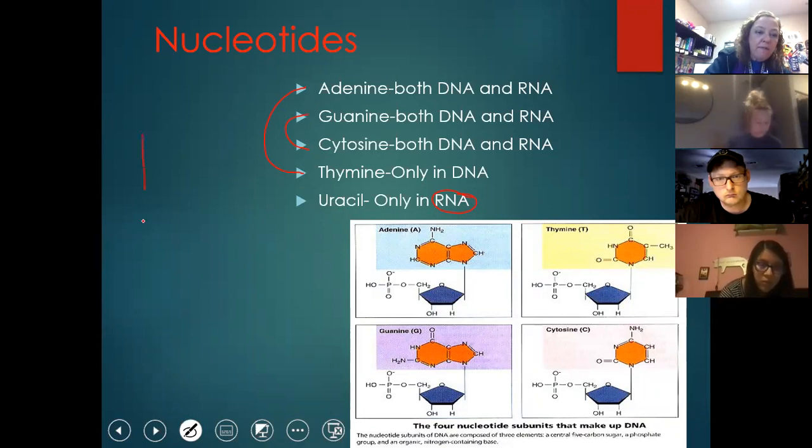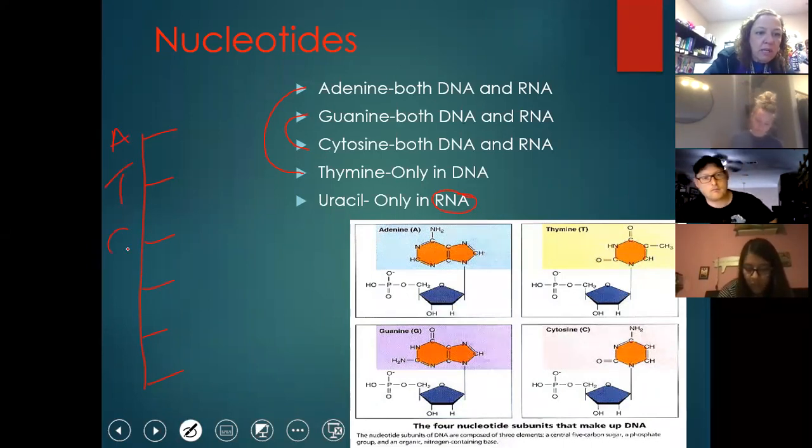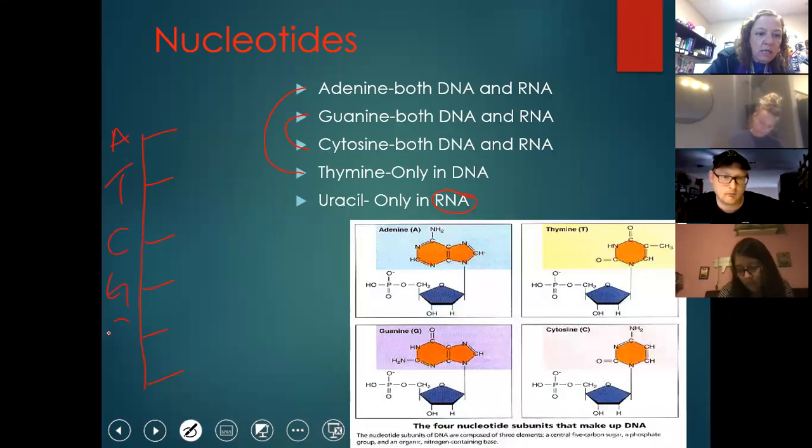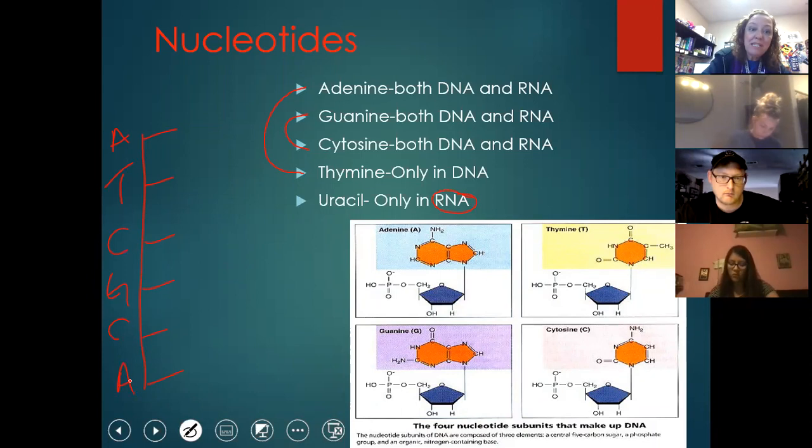So if I have half of a DNA, and I am just doing this at random, guys. So there's adenine, thymine, cytosine, a guanine, another cytosine, an adenine. Do you see how, even though I've only filled in half of this DNA, we can fill in the blanks? Because if this is adenine, what does this have to be?